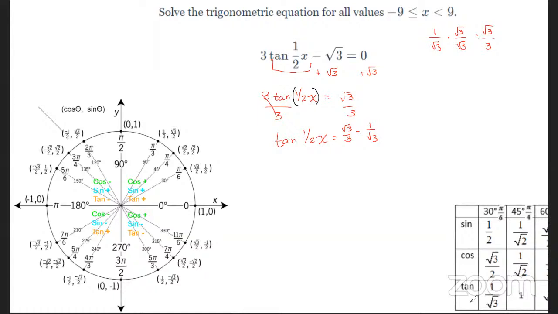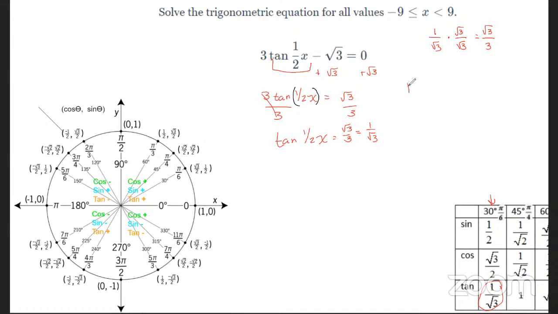Now we can look and say, oh, I see that. So sometimes you'll get these tricky answers and say, oh, there's no solution, it's not on my circle. But you have to remember, sometimes you have to undo the rationalization of the denominator. Okay, so we see that the tangent that is 1 over radical 3 is here.